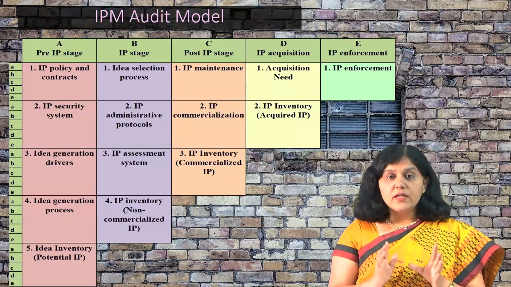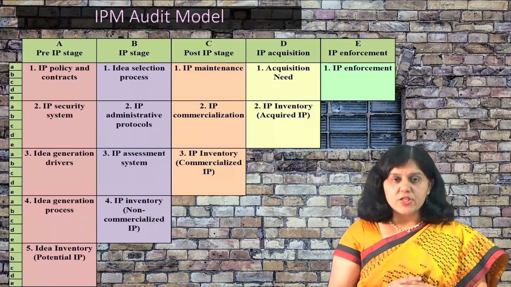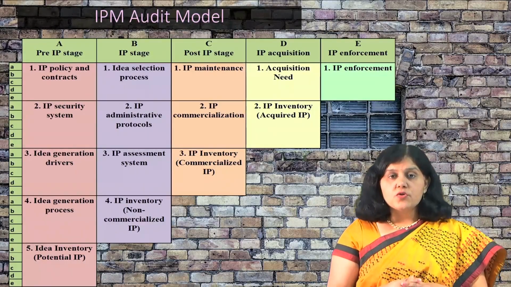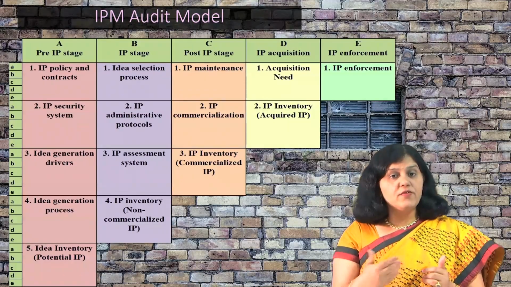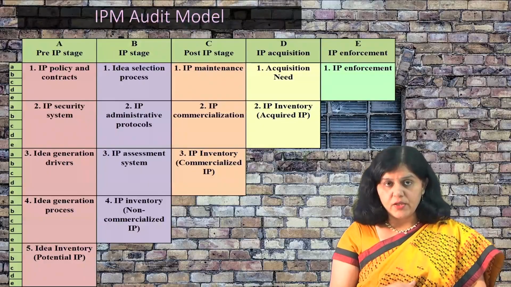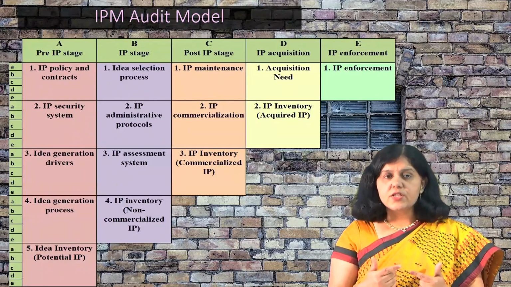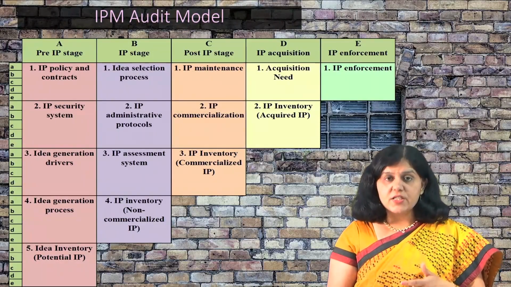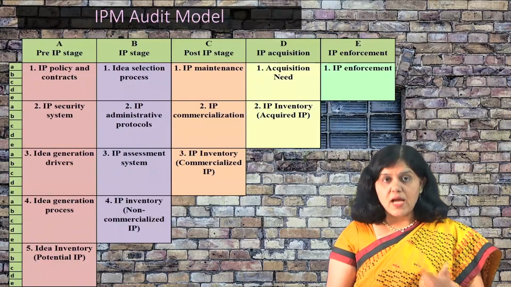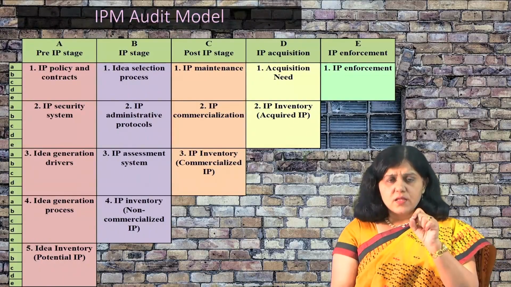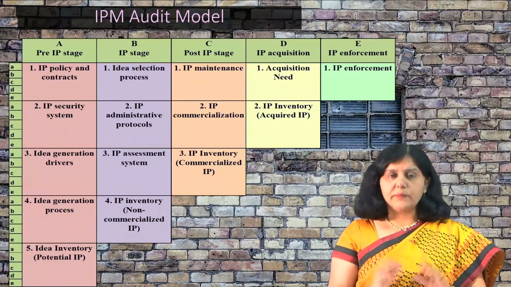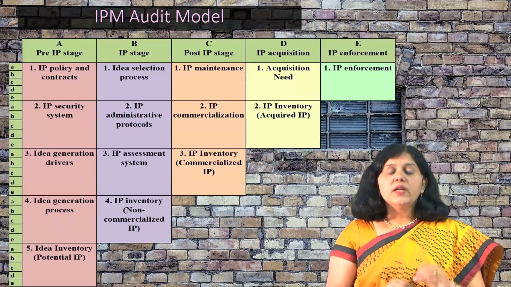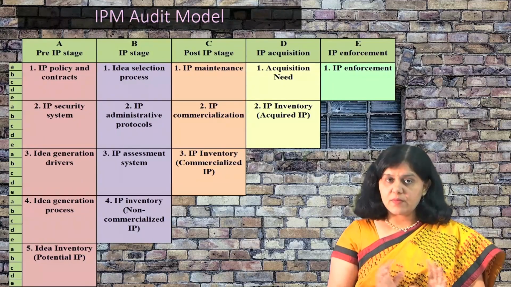When you are talking about IP commercialization, that activity should be effective. Sometimes you have to decide which IP should be maintained and which should not. That is a very strategic decision, and it is to be taken in the post IP stage. Let me give you an example. If you see how organizations work, it is said that only 2 to 5% of the IP is commercialized.